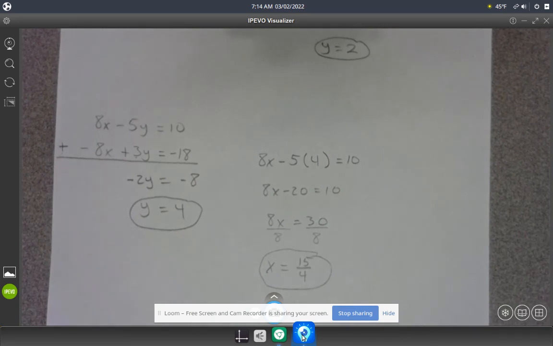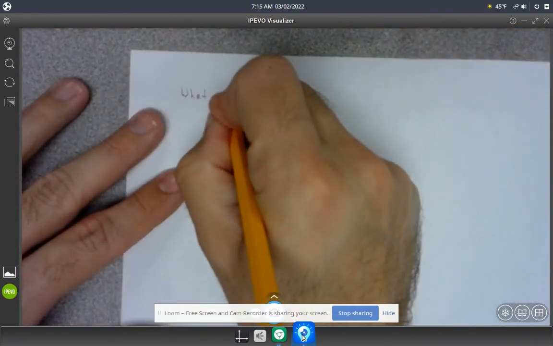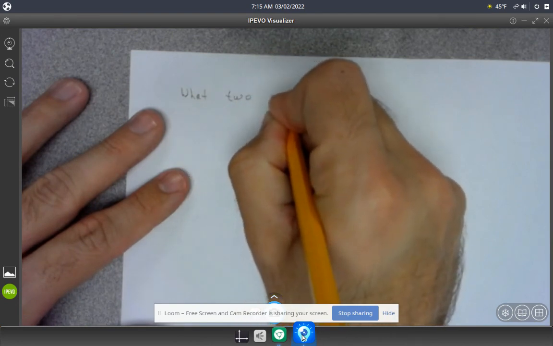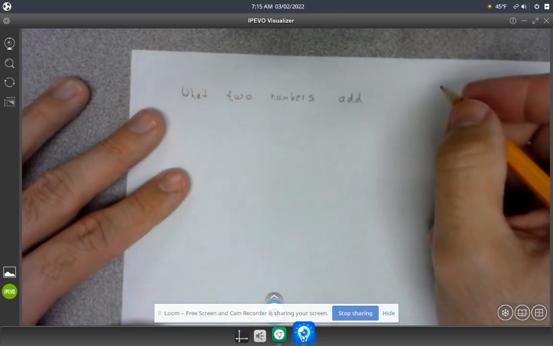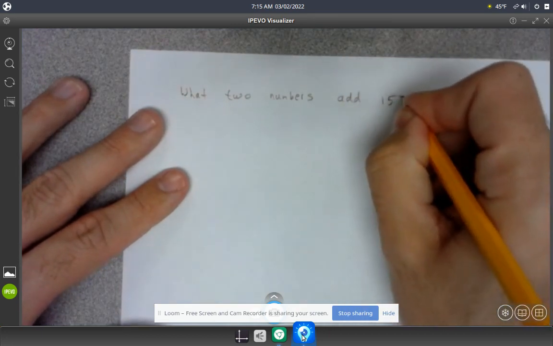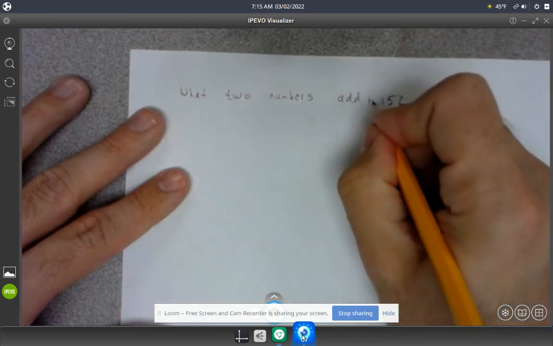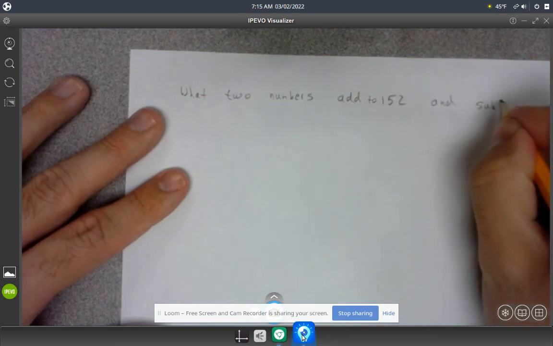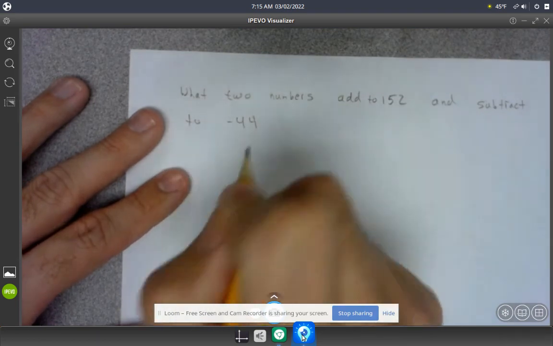The last question I wanted to look at here, where was it? Okay. What two numbers add up to 152, and they subtract to negative 44.